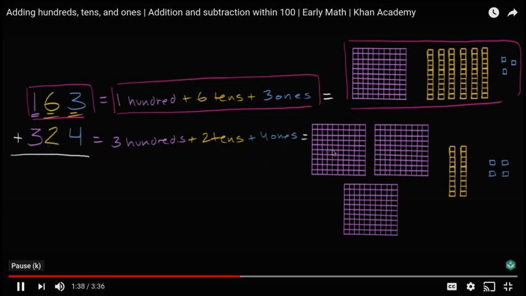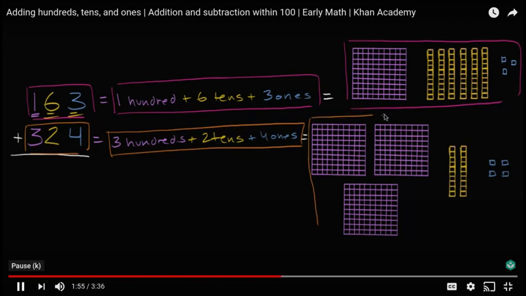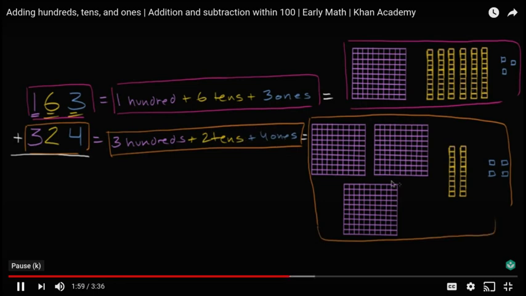You have 3 hundreds, 2 tens, and 4 ones. And if you want to think about how many boxes it is, you see them grouped into 3 groups of 100, that's the 300, 2 groups of 10, that's the 2 tens, and then 4 ones. So now let's add them together.